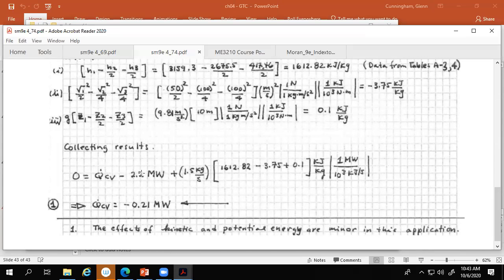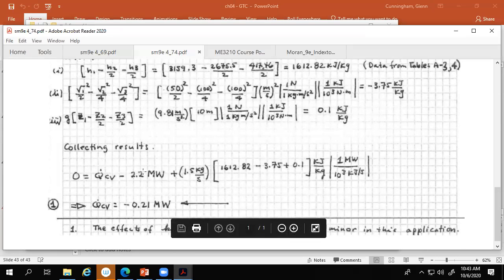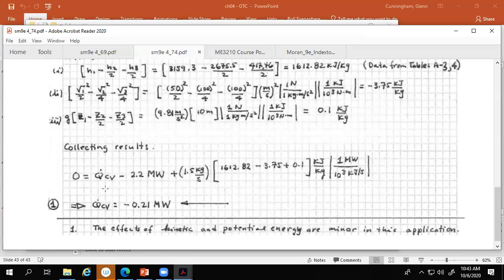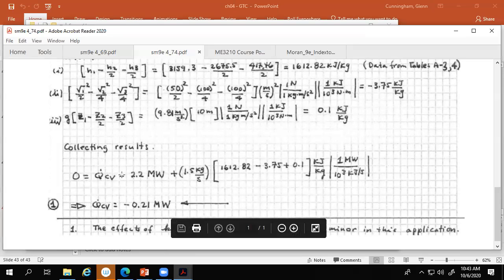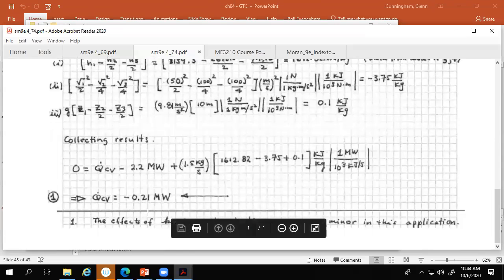This is the work term, and it is positive work because the control volume is shoving that work, that electricity, out into the surroundings. So we don't have to introduce another minus sign. This minus sign is from the first law. So we put a plus 2.2 with this minus sign, and then the mass flow rate times all these terms, and we come up with minus 2.1 megawatts.